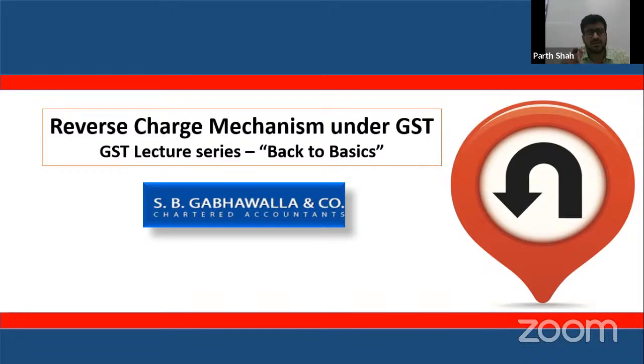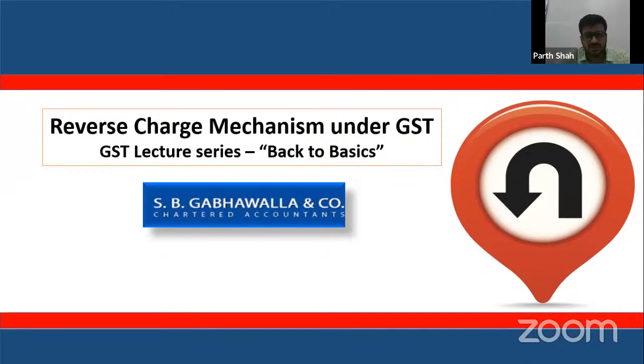Even when you go back to service tax days, generally the government introduces RCM in those sectors where it is difficult for them to capture the supplier, because they are in an unorganized market. Hence, they introduce RCM so that the recipient, who is more likely in the organized sector, the tax can be recovered from them for those particular services.